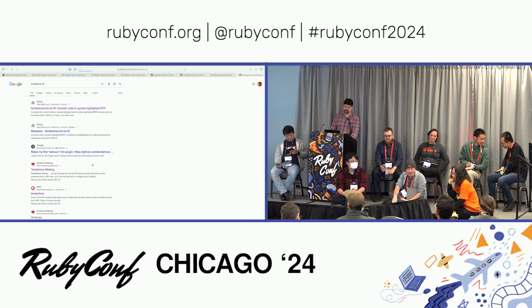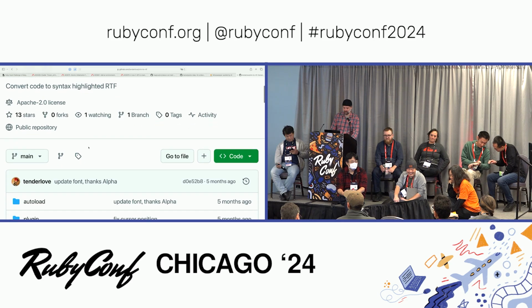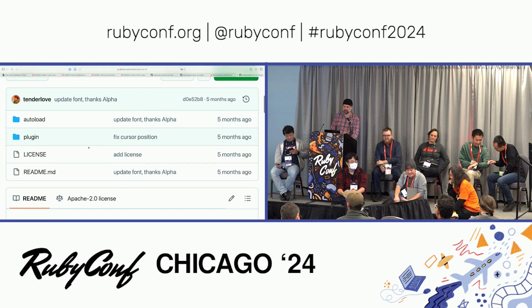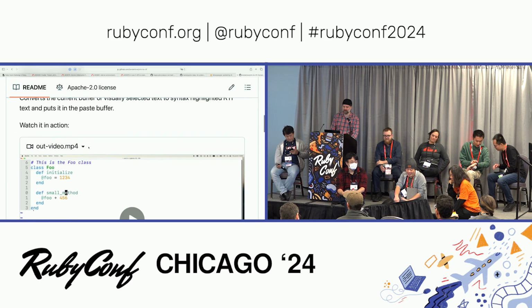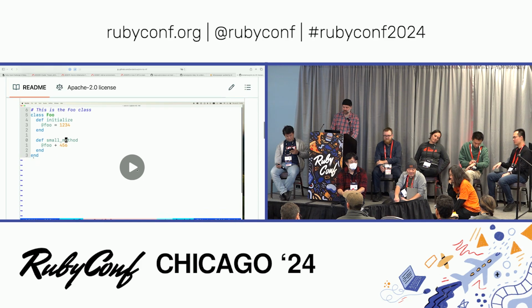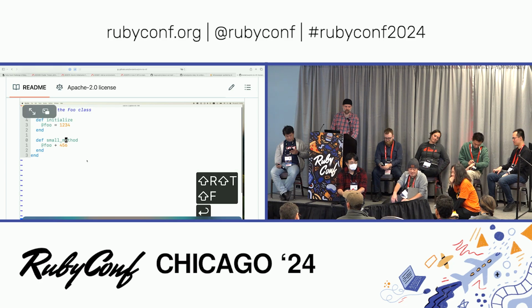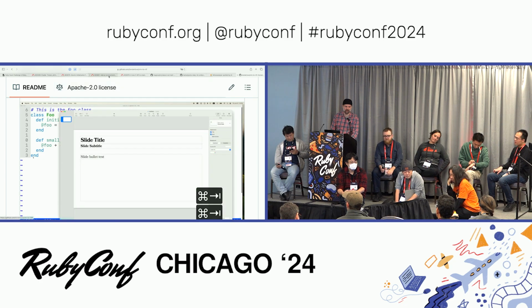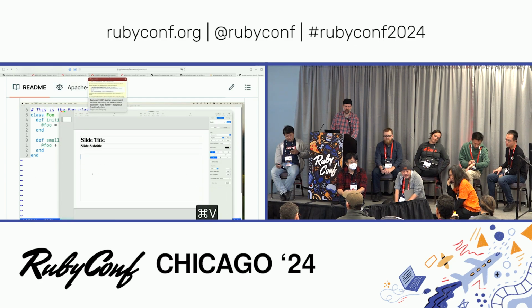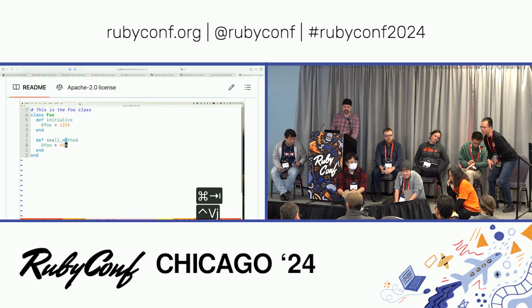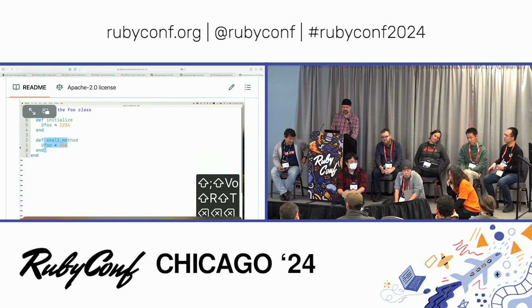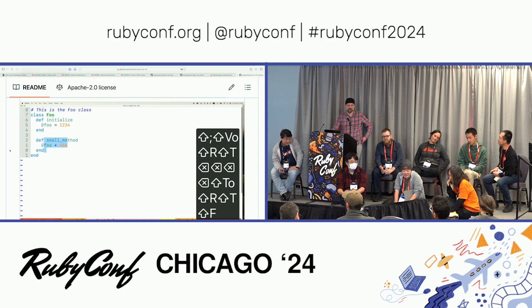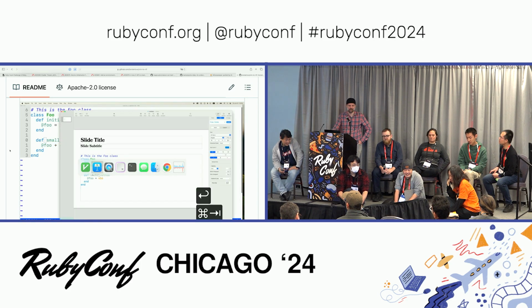It's a Vim plugin that converts your code to RTF. So basically, you highlight the code and then you do to RTF on it, and then you can paste the code into Keynote, and it is syntax highlighted for you.